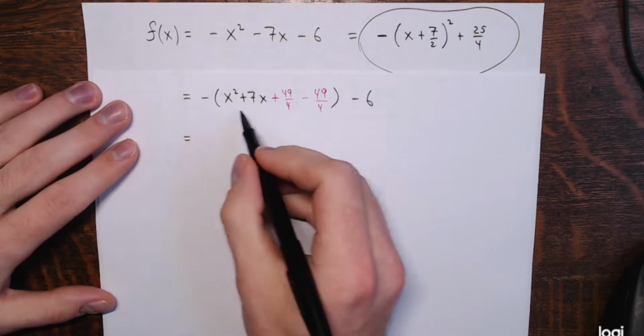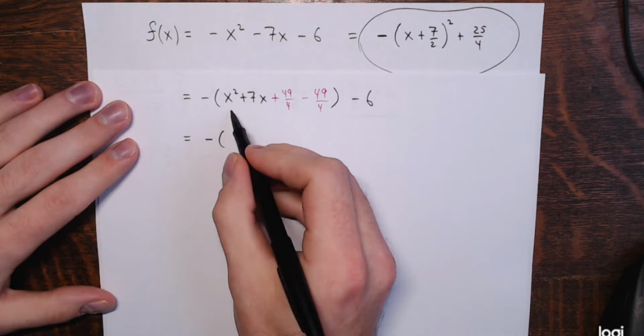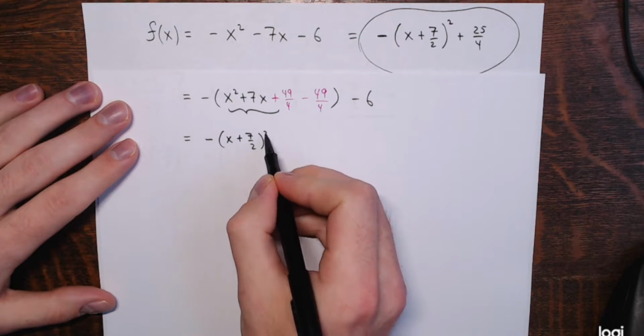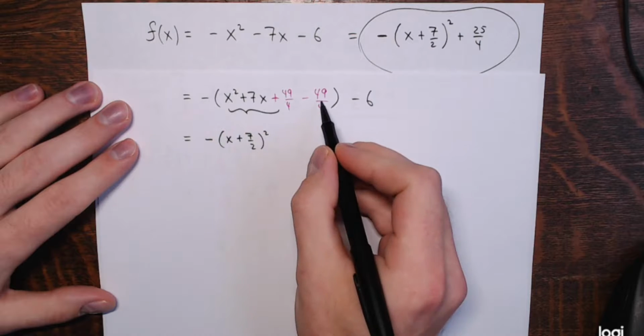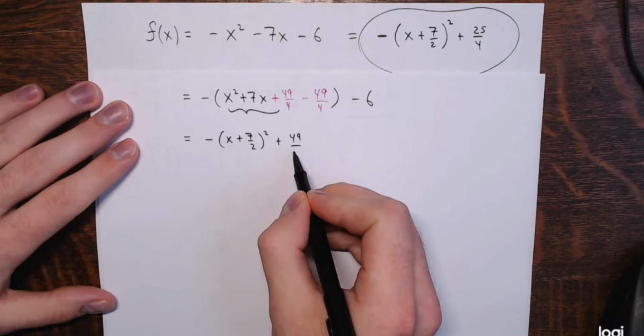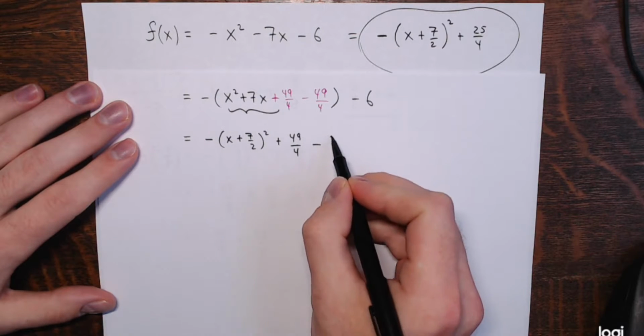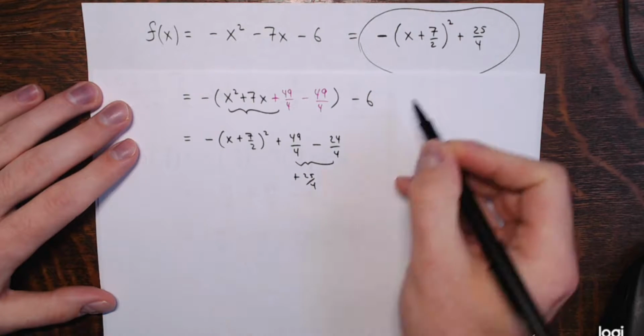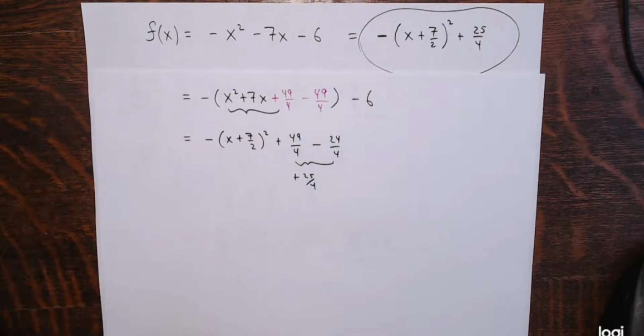And so distributing the negative, these terms become x plus 7 halves squared, and then you've got minus negative 49 fourths, which would be plus 49 fourths, and then minus 24 fourths, which makes plus 25 fourths. And then you get the exact same stuff as I got earlier.